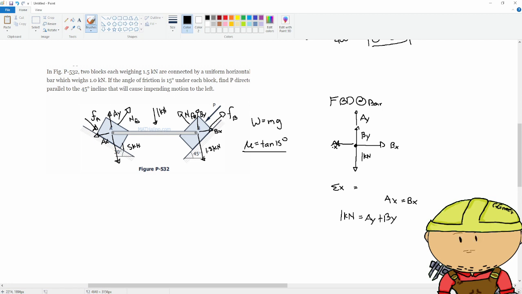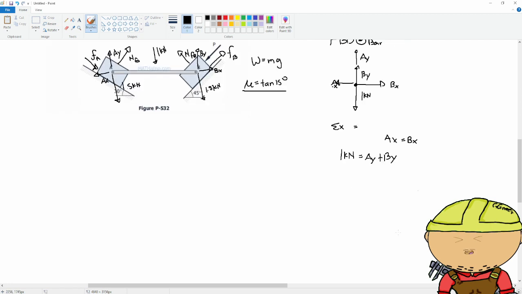In this diagram, we could also do a moment at A, where the distance between the forces is X to 2X. 1 kilonewton, directly downward, positive clockwise, is X distance, plus negative BY, whose distance is 2X, is equal to 0.